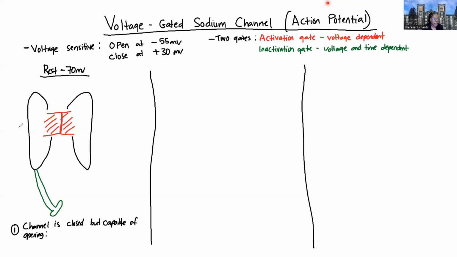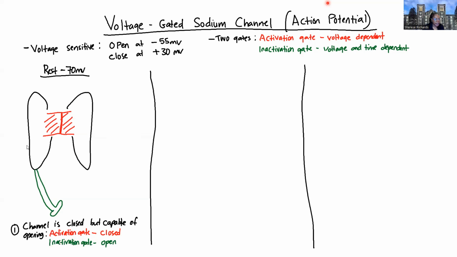What this means is that our activation gate is closed, our inactivation gate open. So if we did receive a negative 55 membrane potential change, the channel is capable of being opened because the inactivation gate is open.